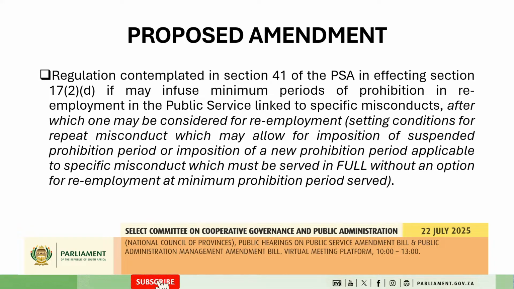After which one may be considered for re-employment, but with conditions for repeat misconduct, which may allow for imposition of a suspended prohibition period or a new prohibition period applicable to that specific misconduct once established, which must be served in full without an option for re-employment at the minimum prohibition period served. That means that in future a minimum is set that one needs to serve, and from there they can be reconsidered for re-employment.